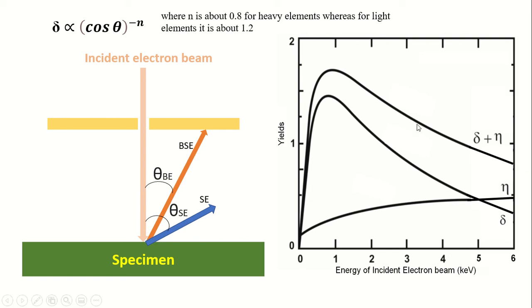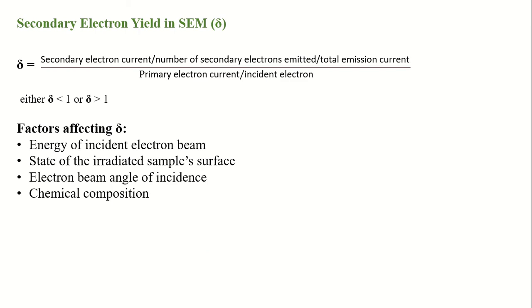So the bottom line is, what are the factors affecting the yield of the secondary electron? In the previous slide, I talked about the energy of the incident electron beam first. The second is the state of the irradiated sample surface, meaning the type of your sample, maybe semiconducting, conducting, or non-conducting. And the third point is the electron beam angle of incidence, or the chemical composition.